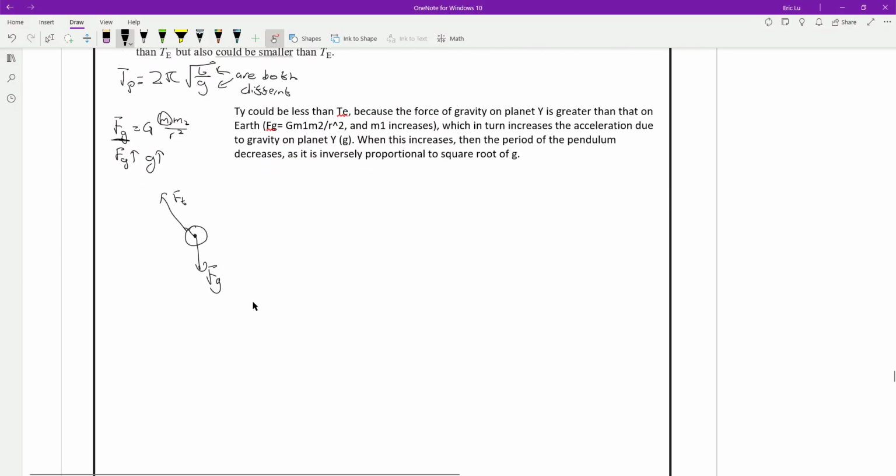So as gravity increases on planet Y, then the tension force must also increase on planet Y to keep the object in equilibrium. Sorry, in that current position. So that means that the tension force on planet Y is greater. Ft on Y is greater than Ft on Earth.